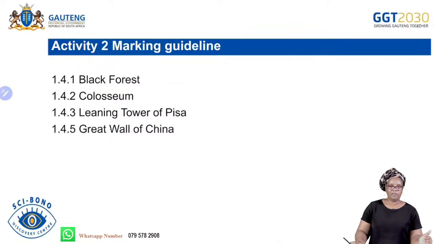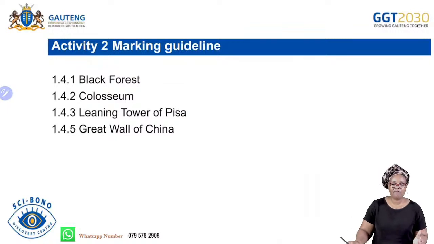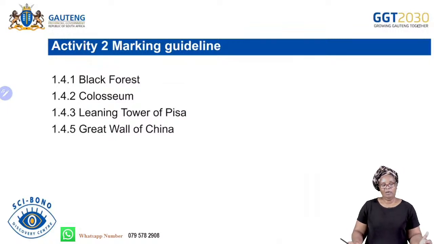Know the spelling of the name, the Black Forest, and automatically you need to think about the location. Where will I find this? You have to know the city, the town, the country, the place, and the continent. You need to drill that for all the icons.